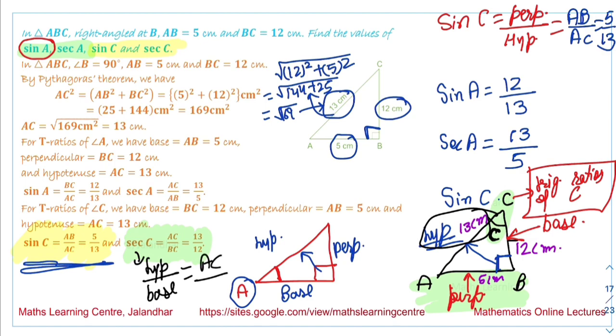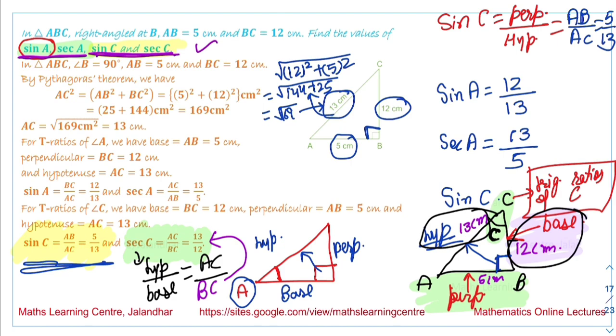The base corresponding to this triangle is BC, and the answer we are getting is 13 by 12. So corresponding to these angles A and C, we will have different values. This is how we select what is the base and what is the perpendicular for a given triangle.